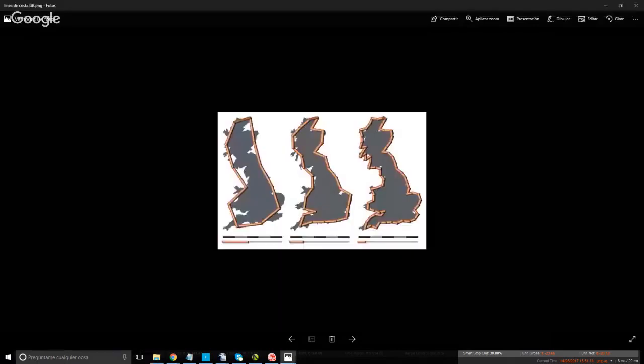The concept of coastline is not coming from the trading arena. This is in geography. It's used to measure coastlines around the globe. And you see here, if we measure the coastline of the UK in big thresholds, we get a coastline that is much shorter than if we measure the coastline in much smaller thresholds.